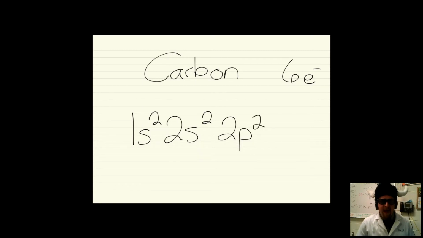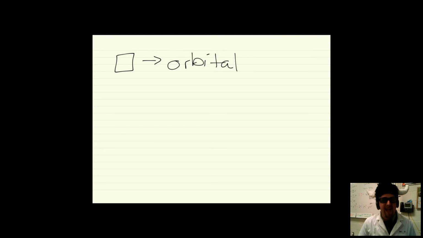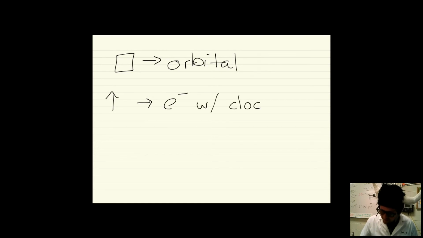Okay? And now we're going to draw this out as if we were actually filling the real orbitals. Recall, orbitals can only hold 2 electrons. All right, so a couple things about orbitals, first of all. Every time we see a box, we're going to call that an orbital. Okay, so this is kind of like a key. If we see an arrow going up, we're going to call that an electron with a clockwise spin.